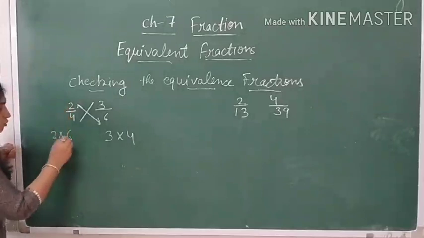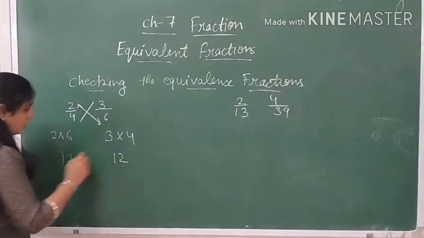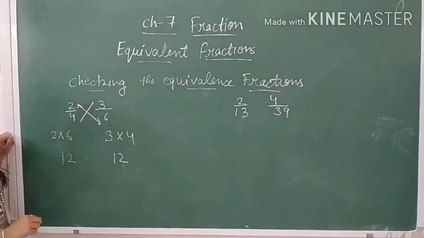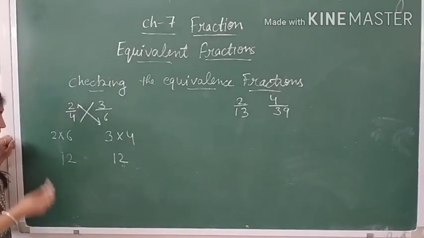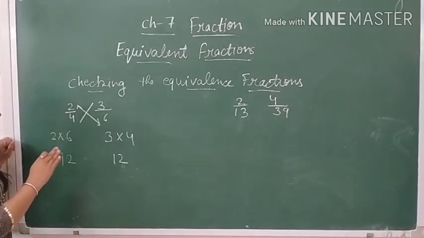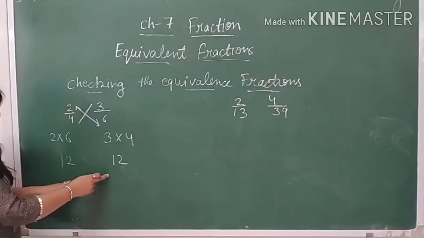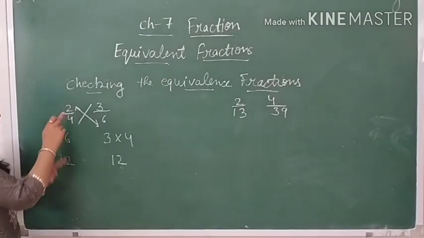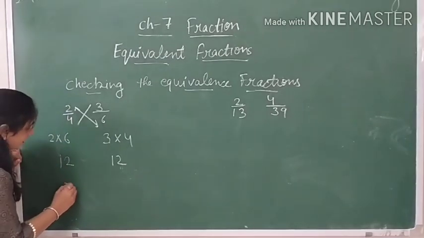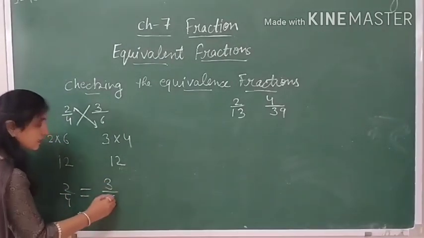See, 2 6s are 12, 3 4s are 12. Both products are the same. If the product which we get after the cross multiplication is the same, then you can say that the given fractions are equivalent. So we will write 2 by 4 equivalent to 3 by 6.